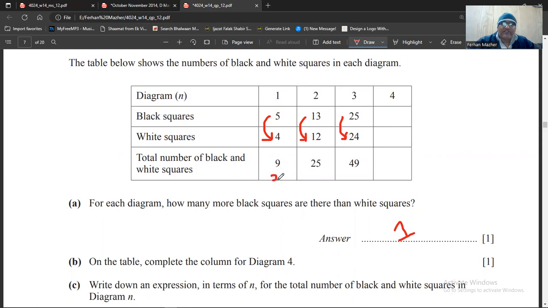If you pay attention, this is 3 square, this is 5 square, and this is 7 square. From here, you can get the pattern. So what will be the next one? It will be 9 square, so this one will be 81.